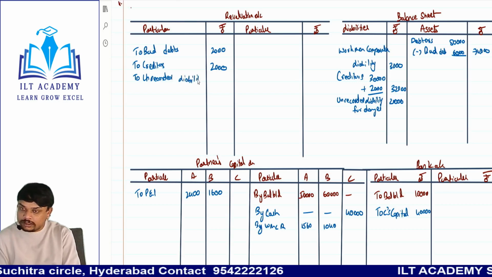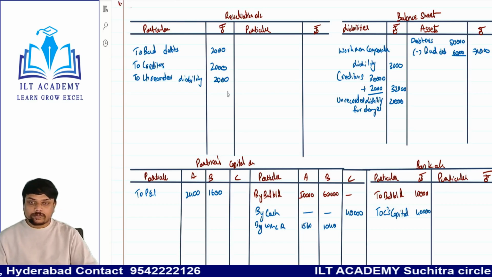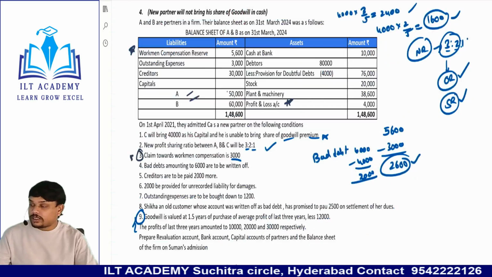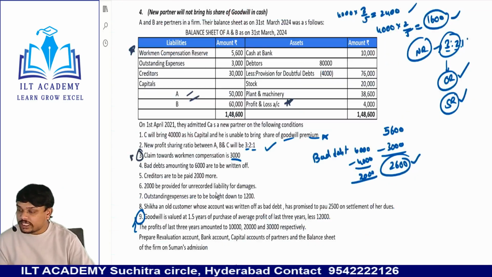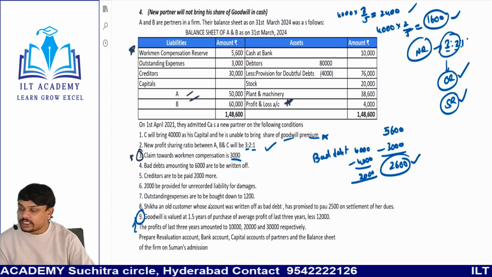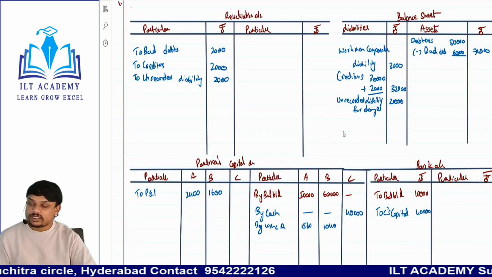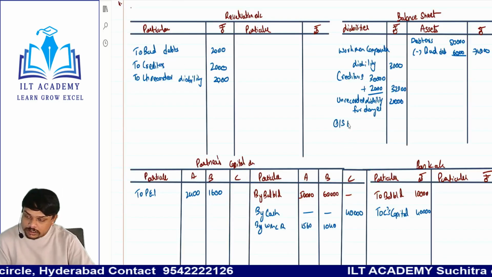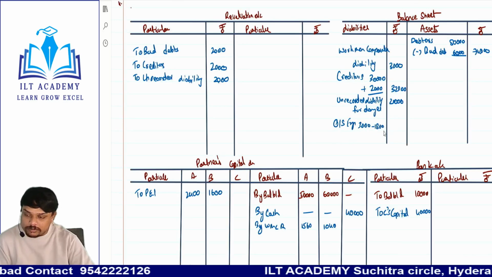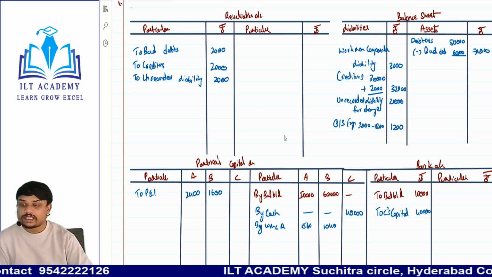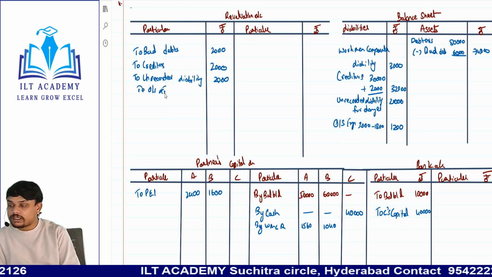Liability goes up. Next, once you are done with unrecorded liability for damages, outstanding expenses are to be brought down to 1,200. You see outstanding expenses 3,000. They are brought down to 1,200, means you will subtract 1,800. So this comes to outstanding expenses.